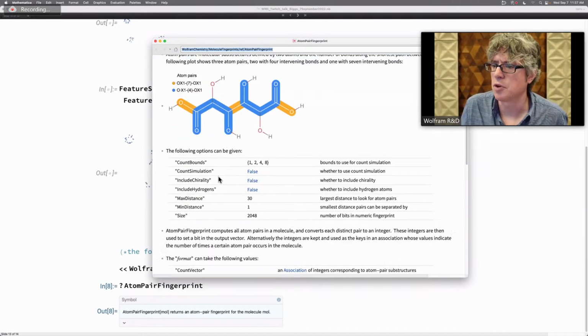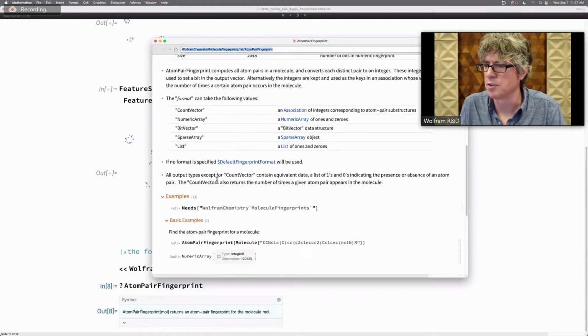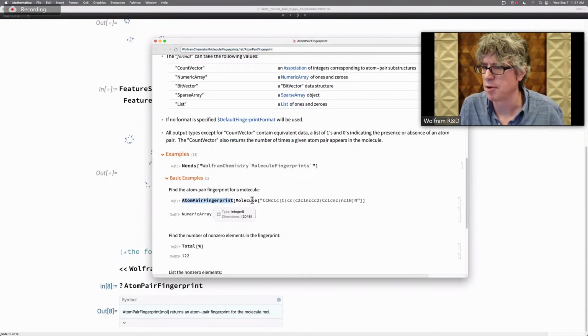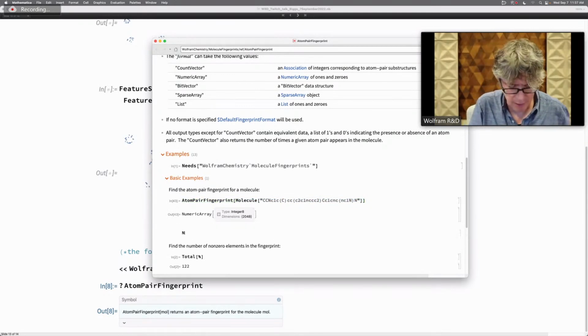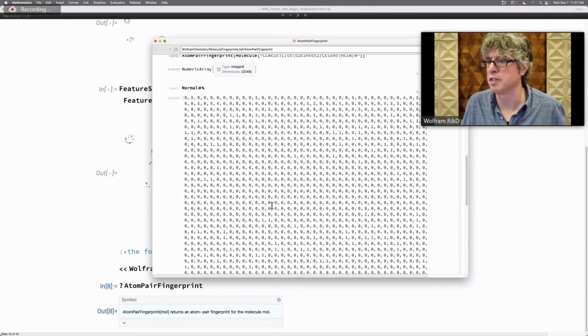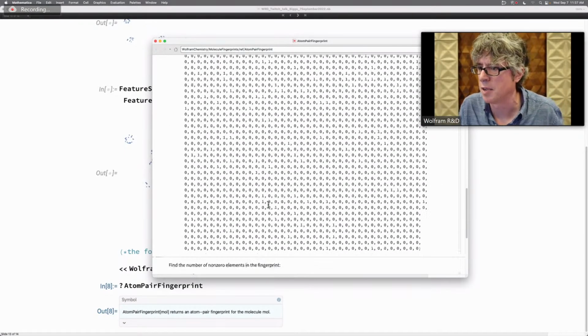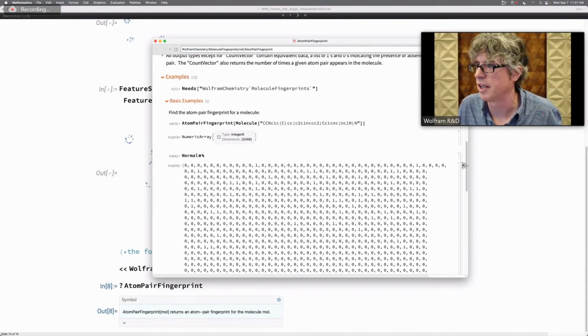When I ask for the atom pair fingerprint of this particular molecule, I get back a numeric array, and I can normal that. It's a bunch of 1s and 0s. This is essentially what a molecule fingerprint looks like.